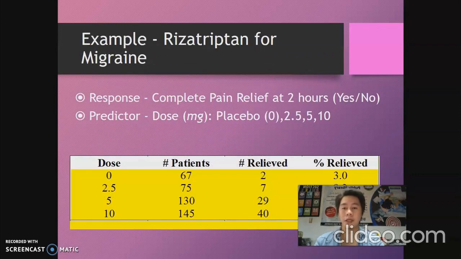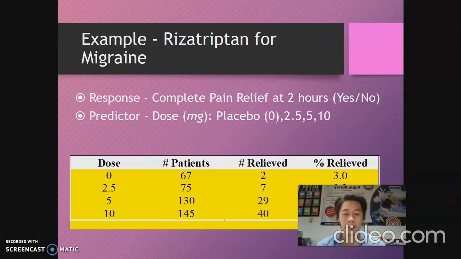So we have an example here, Rizatriptan for migraine. We want to know the response, complete pain relief after 2 hours, yes or no. The predictor is dose in milligrams: placebo 0, 2.5, 5, and 10.